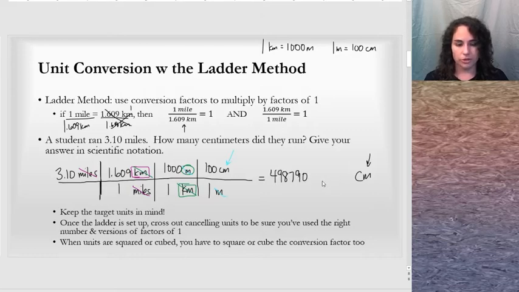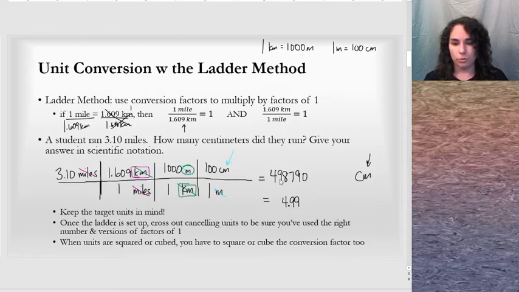498,790. Very nice number. And we need to put this in scientific notation. Remember, it says put in scientific notation. I'm going to say this is 4.99. I'm going to note that there are 3 significant figures here in 3.10, so I'm going to have 3 significant figures in my answer.